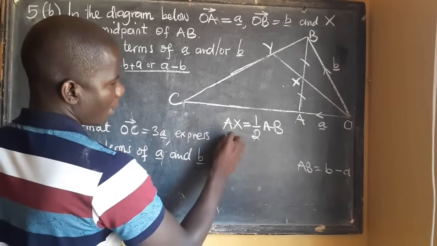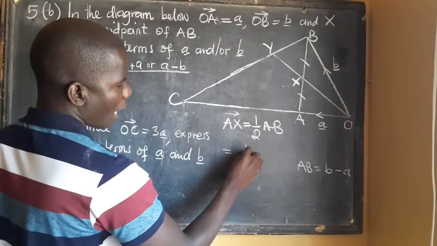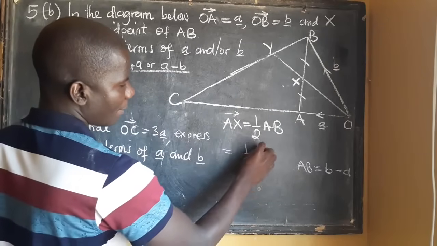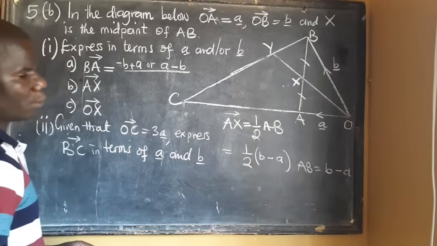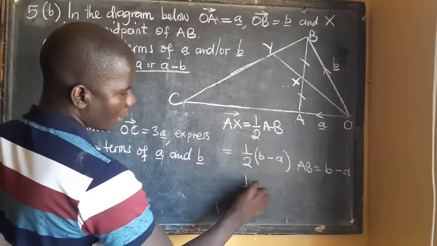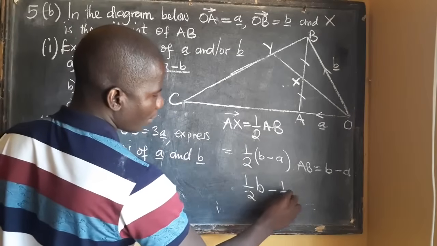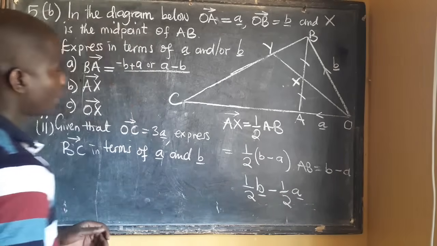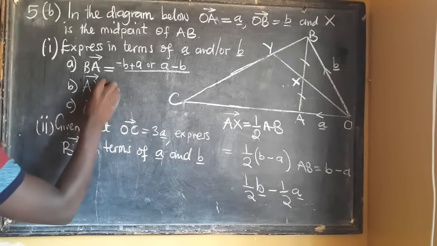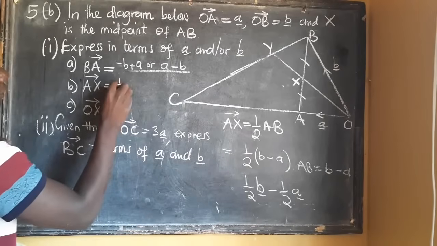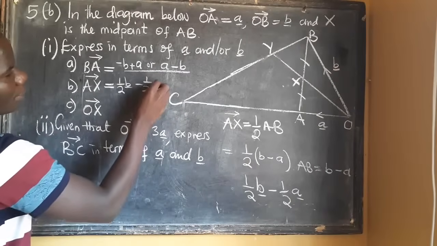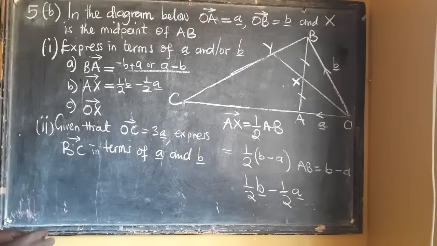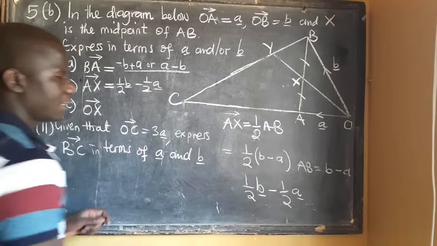So now our AX is equal to half multiplied by B minus A, which is the same as 1 over 2 B minus 1 over 2 A. That is what we expect on this part.